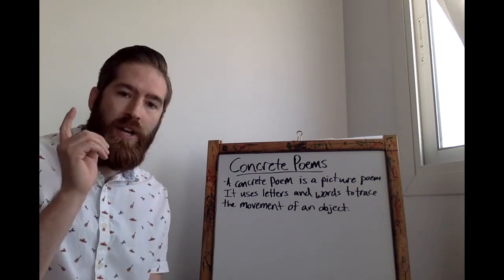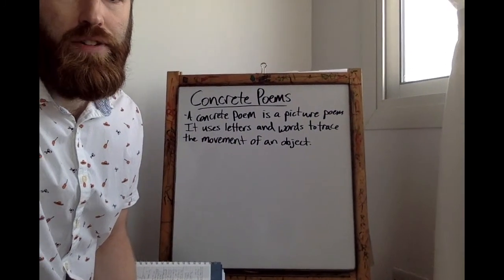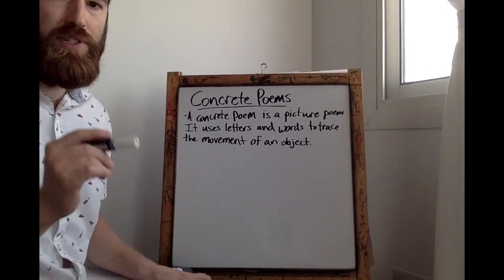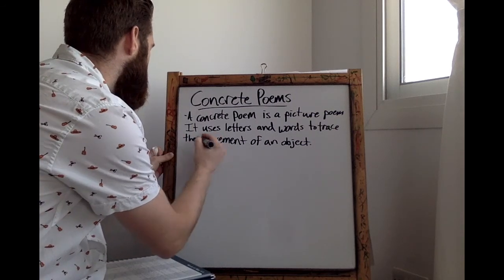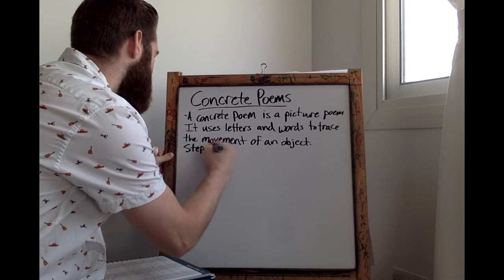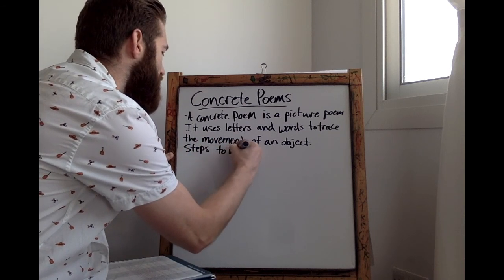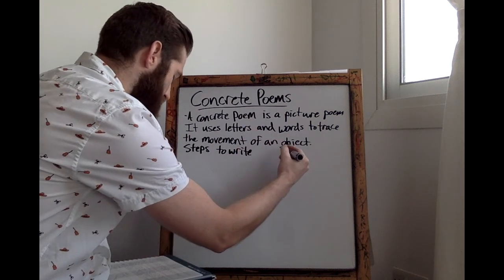Okay? So, now I'm going to give you some steps. Okay? So, I'll angle you back here. I'm going to give you some steps to writing this poem. So, you're going to follow these steps. Steps to write a concrete poem.